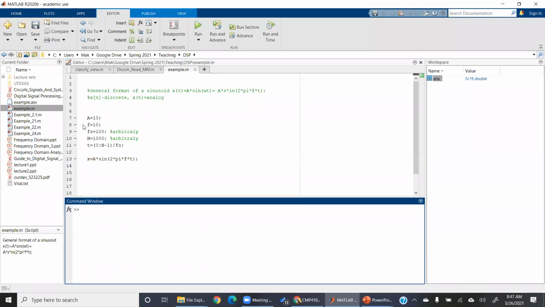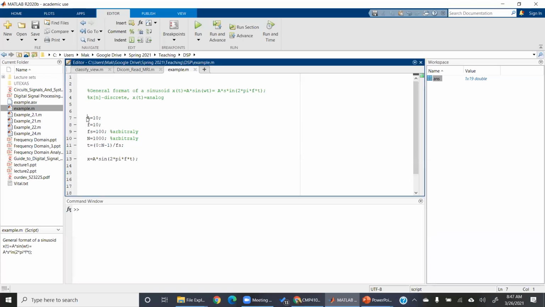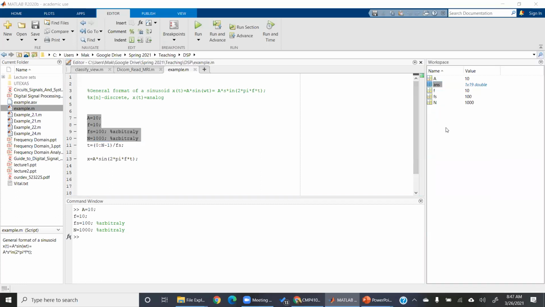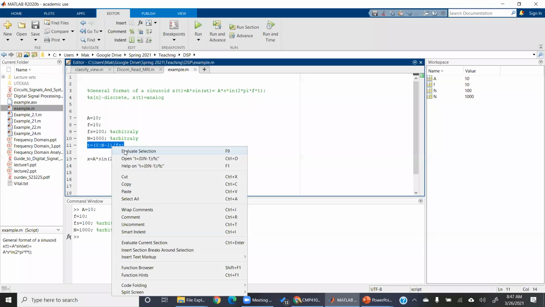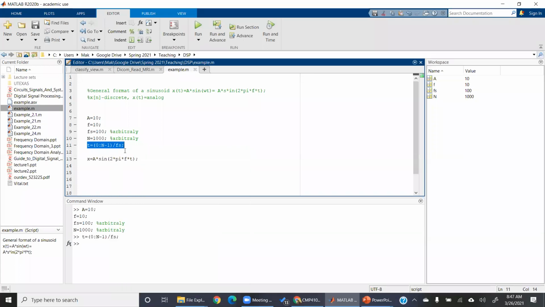Let me just run these commands. Of course, these are constants. Okay, so we have them there. Let's see what happens when you run this line, t equals 0 to n minus 1 over fs.